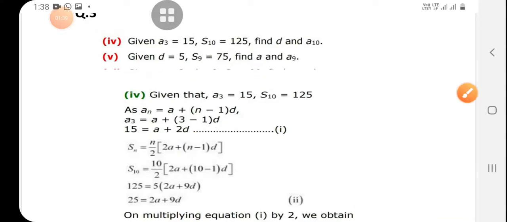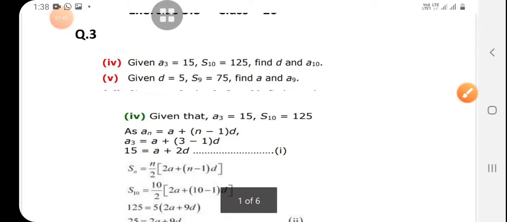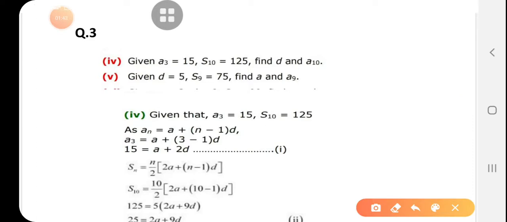Now the other thing which is given is the sum of 10 terms, that means S10 is equal to 125. So we use this formula. As we know, the formula is Sn is equal to n by 2 into 2a plus n minus 1 into d. Look at here, this is the formula.